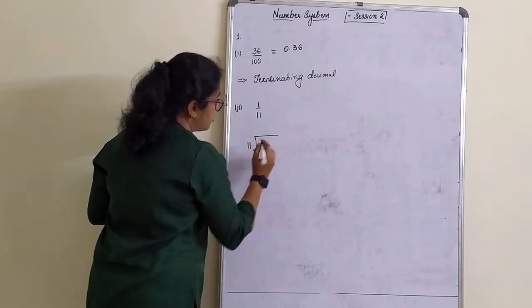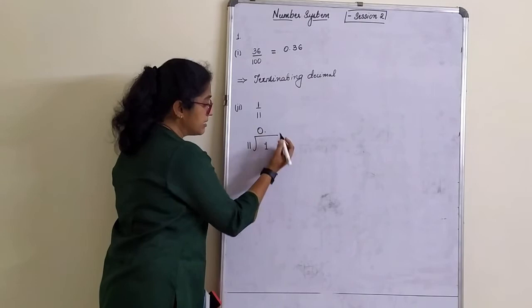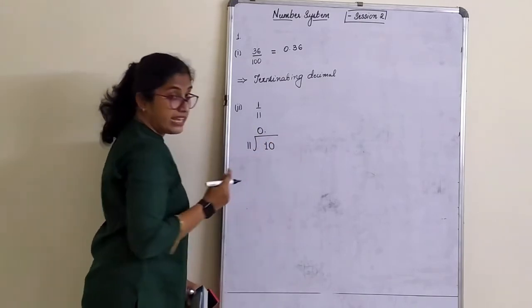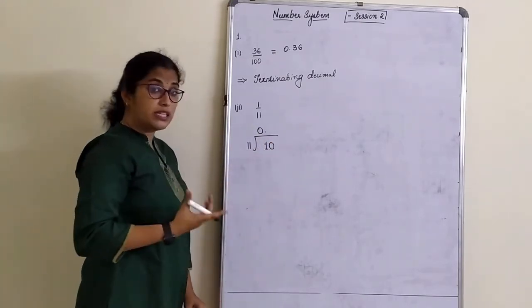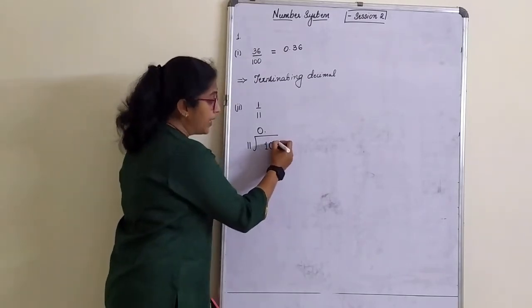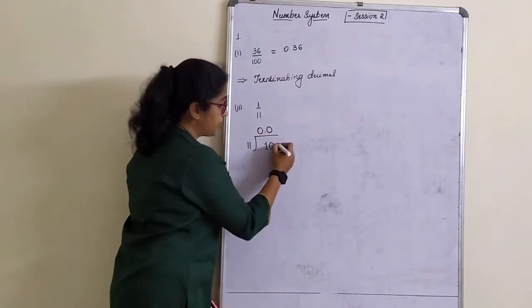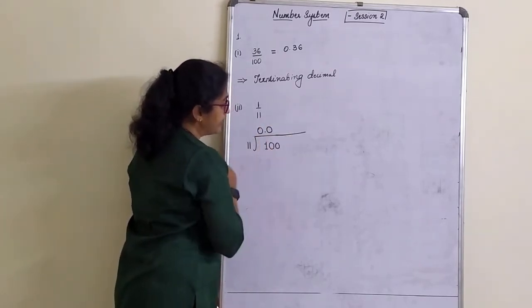Since we cannot proceed with this division process here, first of all we have to take a decimal point, and I can take 10. With 10 also I cannot divide it further, so I want one more 0. So 100. Yes, now I can divide.